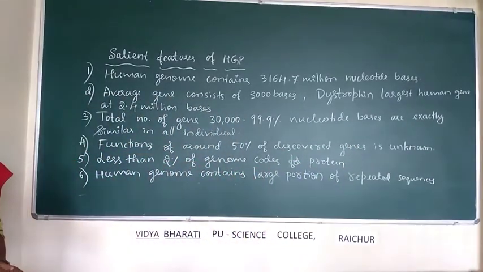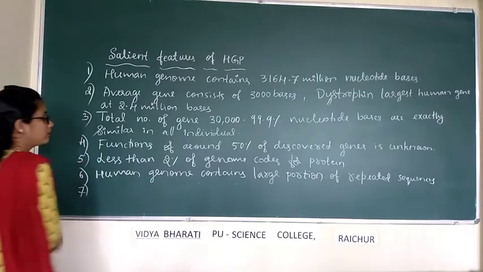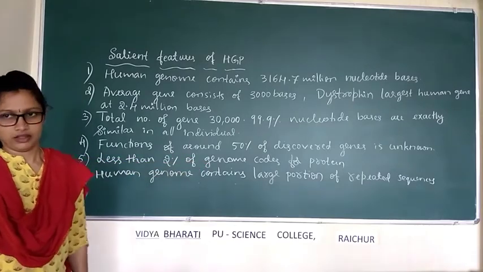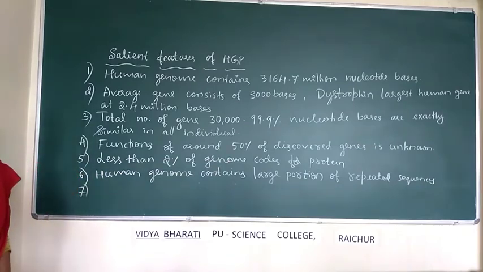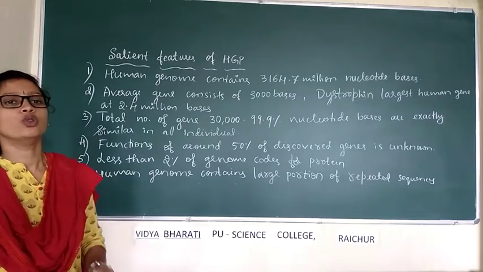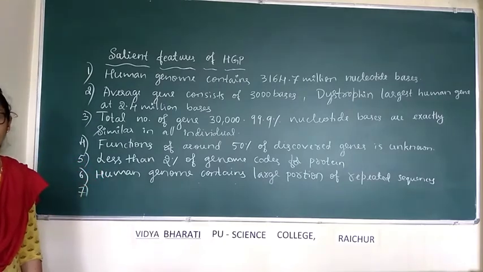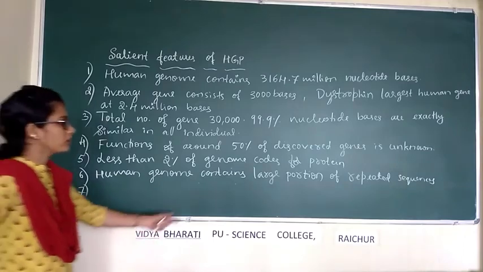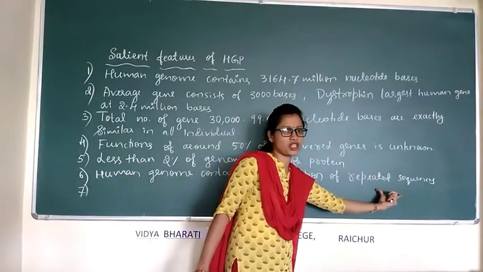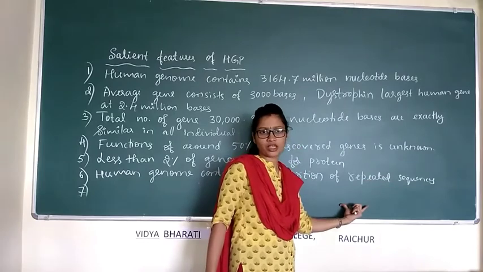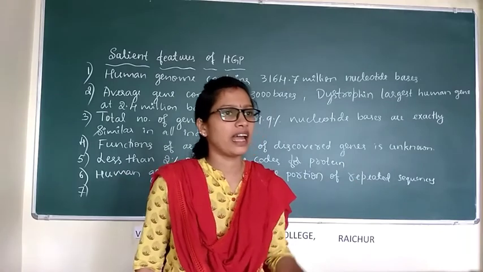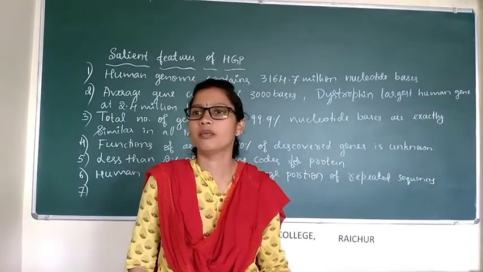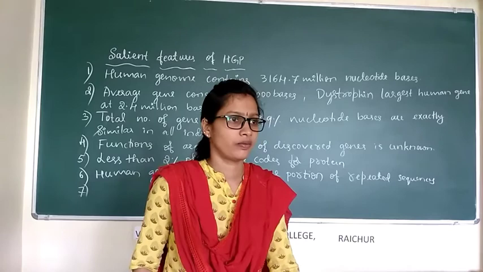Then the next salient feature: the repeated sequences present in the human genome are thought to have no direct coding functions. Means directly they may not code for a particular type of protein.